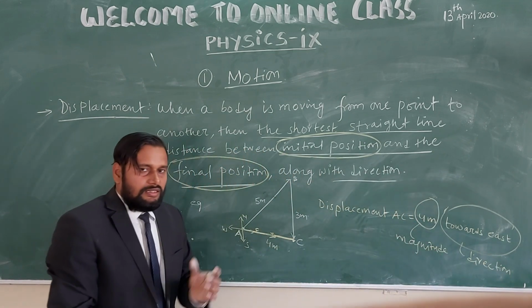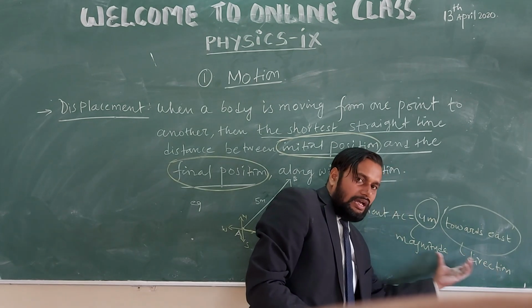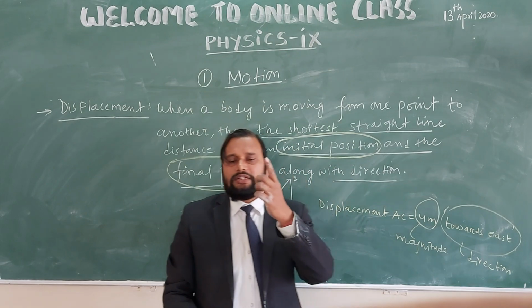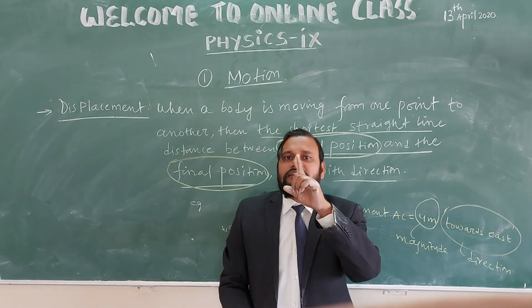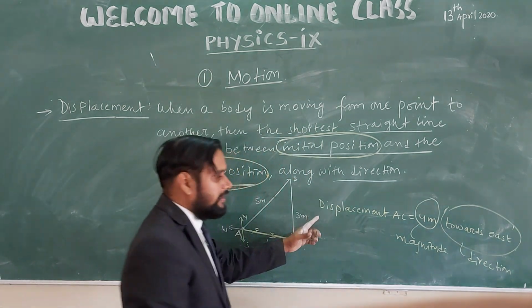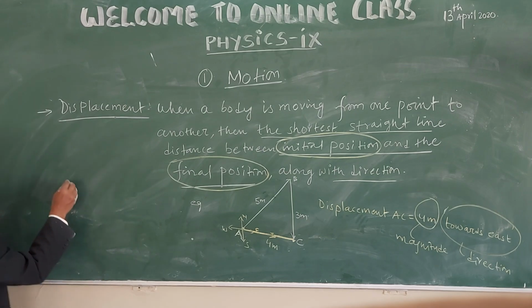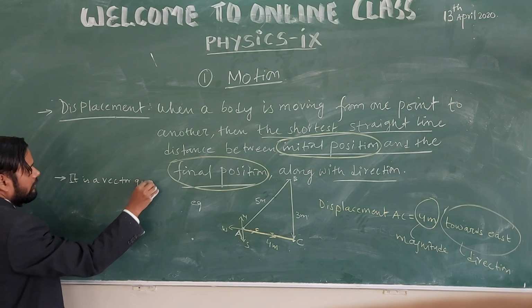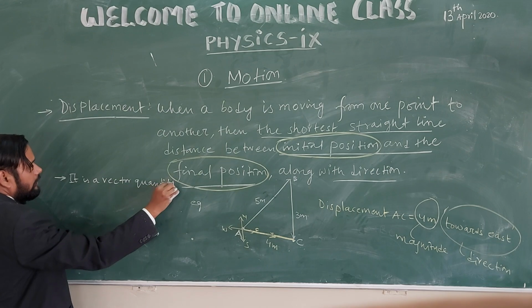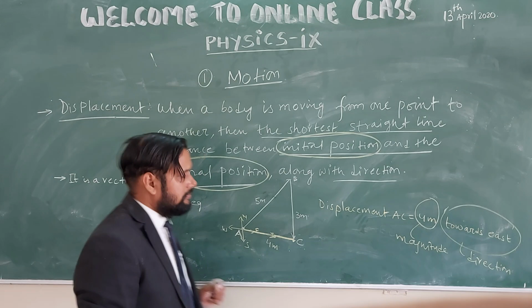So that means displacement has both magnitude as well as direction, and those quantities which have both magnitude as well as direction are vector quantities. That means displacement is a vector quantity. So we will write some points. First point, it is a vector quantity as it has both magnitude as well as direction.